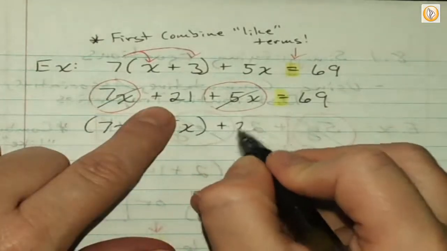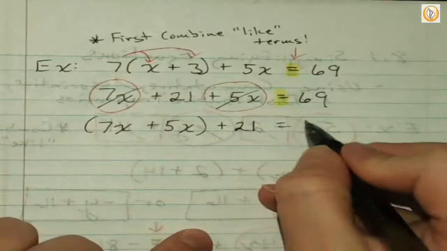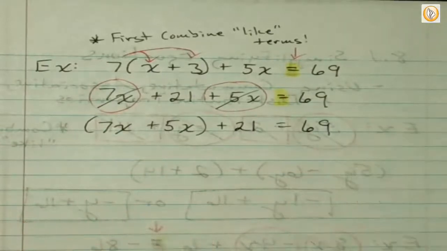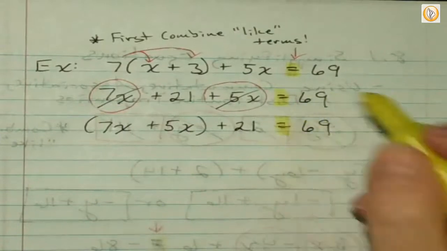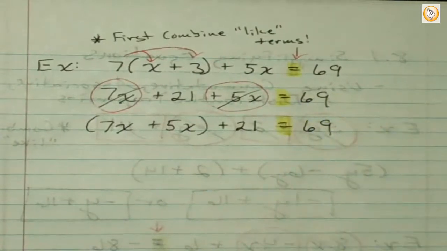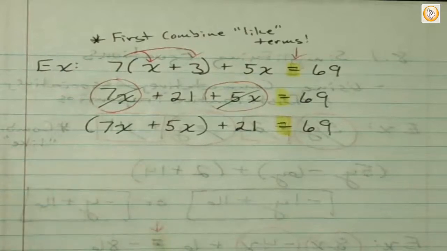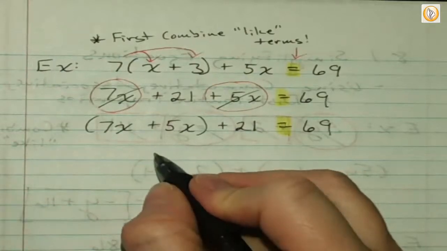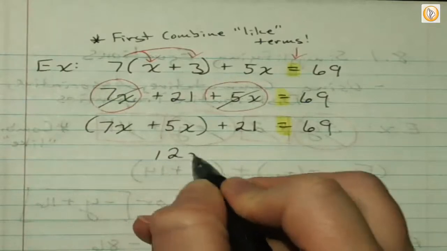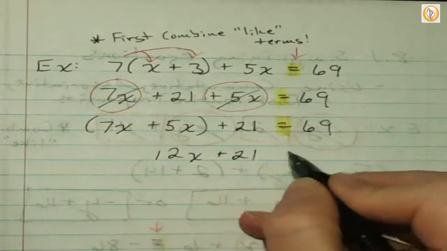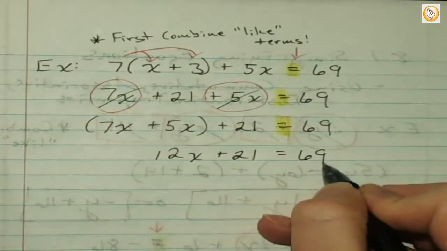Now I'm rewriting plus 21 equals 69. Cecilia, what is 7x plus 5x? That's right, 12x plus 21 equals 69.